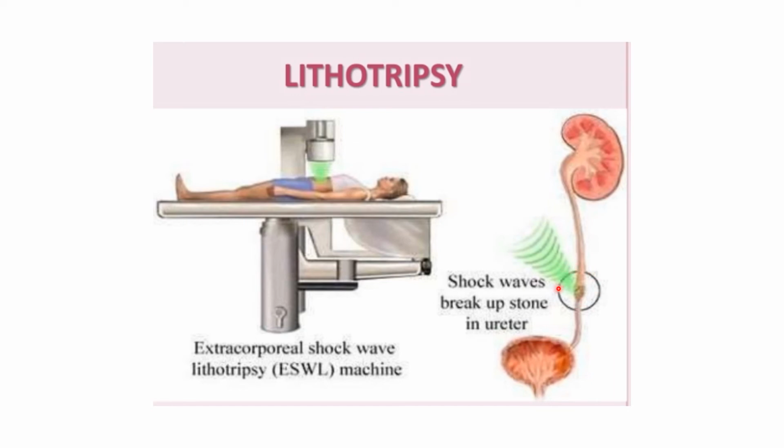For example, if the kidney stones are present in the ureter at this place, the shock waves will be passed through this part of the ureter, and the shock waves will break up the stones in the ureter, and in this way they will pass through to the bladder.